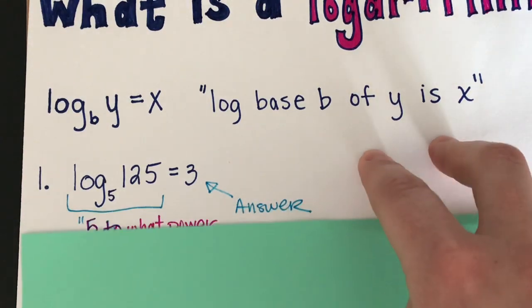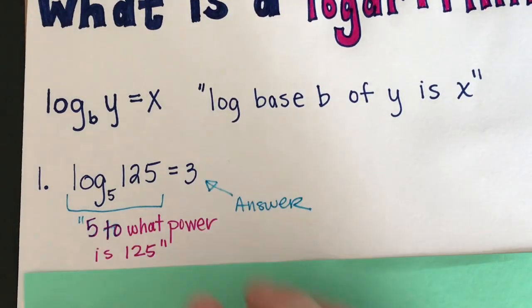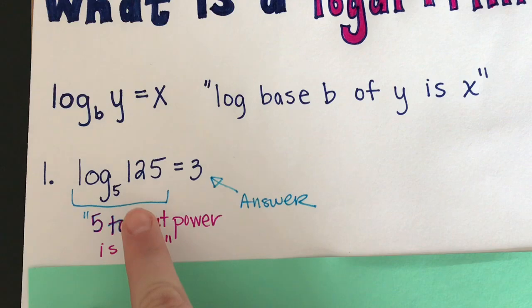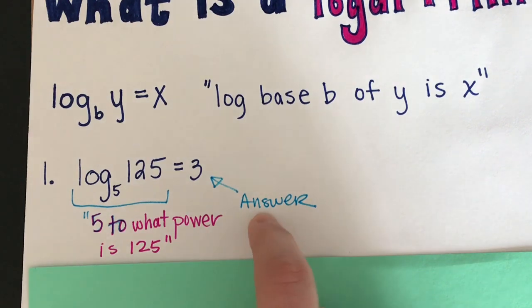Now, if I was going to translate this mathematical expression into words, this means 5 to what power is 125. Now, we're math people, it's shorthand, but this is what the question actually is asking. And the 3 is the answer. And hopefully that's what you guys got when you did that warm-up that I had given you.